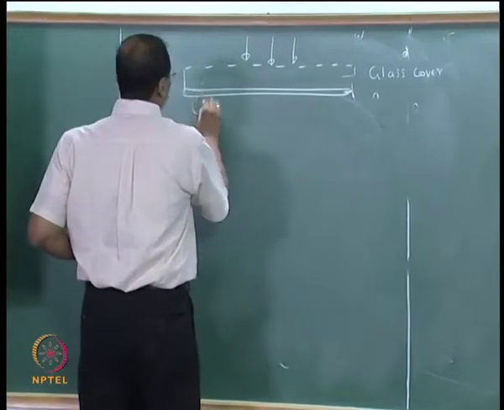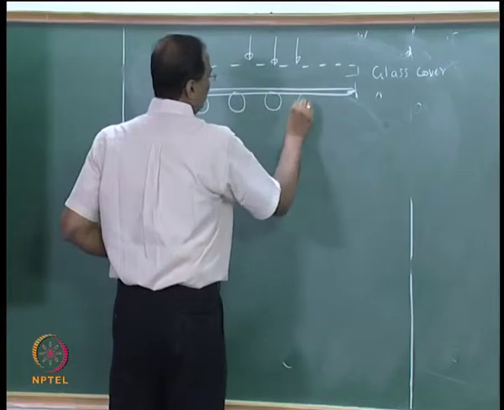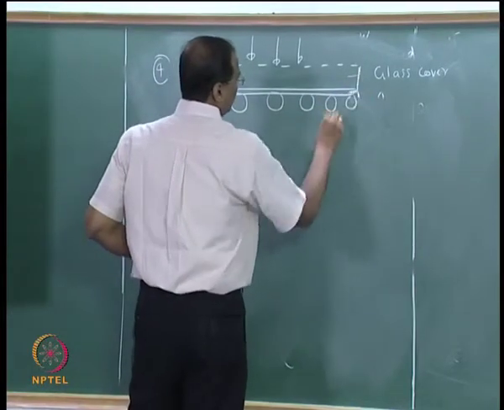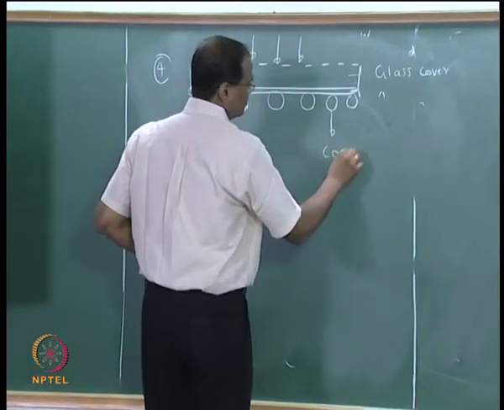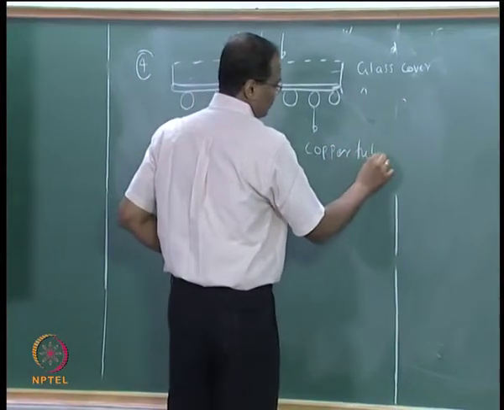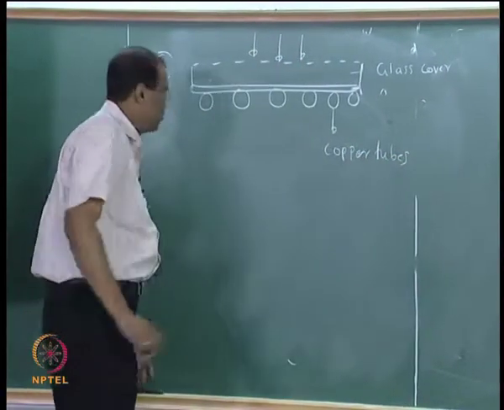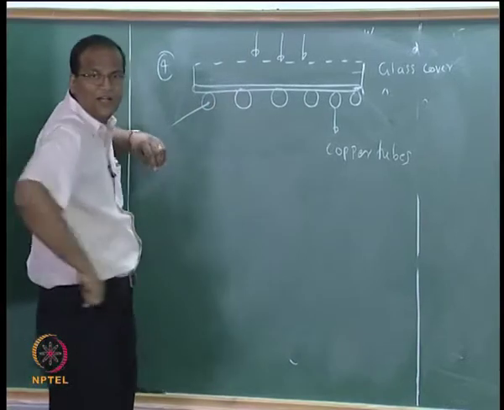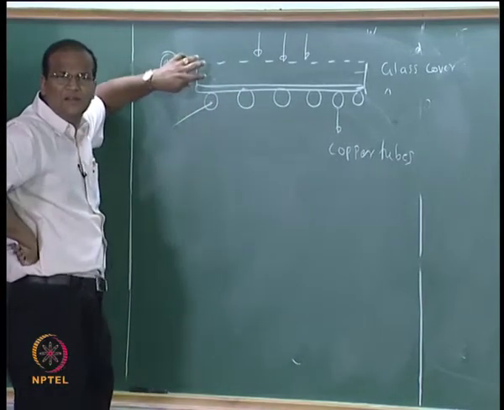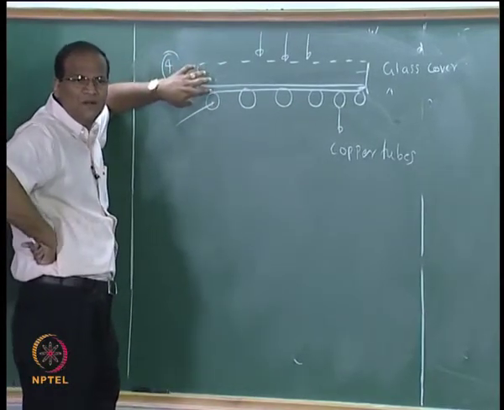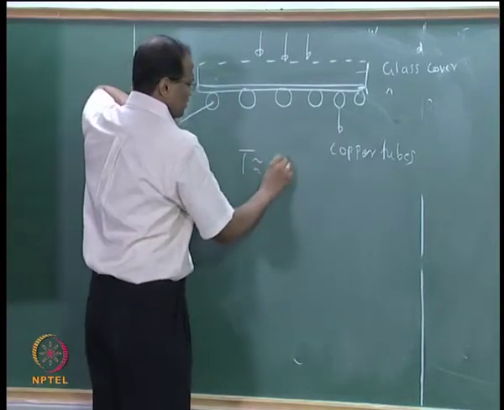Then they will have copper tubes. In those copper tubes you will send water and then you will get heated water. So the maximum temperature will be around 80 degrees.